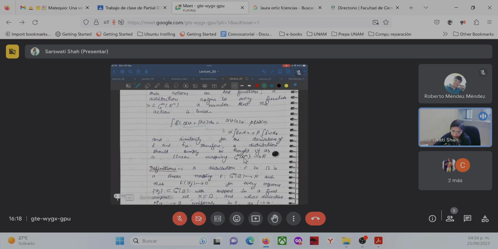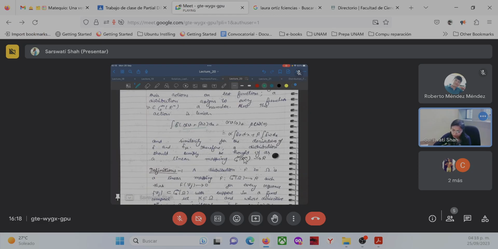And similarly for the derivatives of delta and delta mu, this is linear for delta 0 and even for delta mu. For delta mu it assigns the value mu, and for 0 it assigns the value 0. So a distribution should simply be thought of as a linear mapping from C naught infinity of Rn to R, because it is taking a single number.